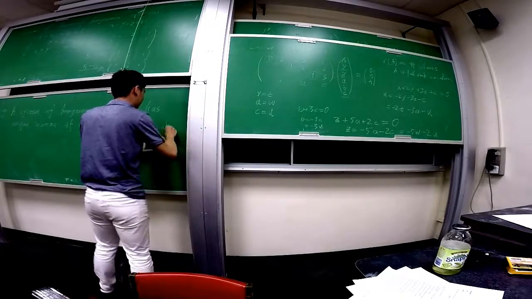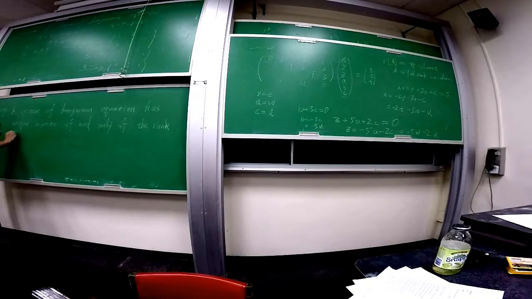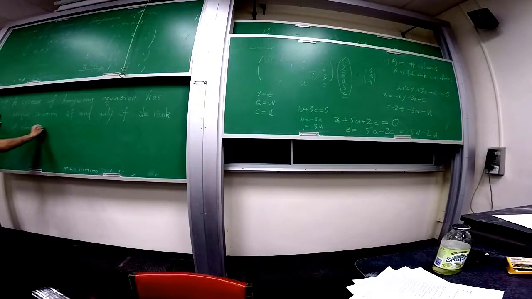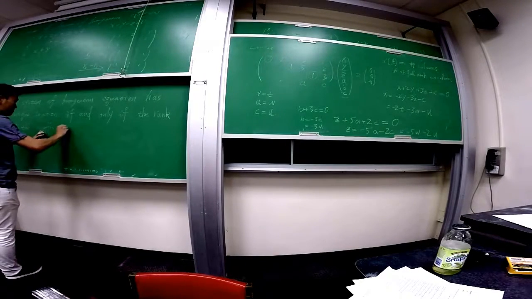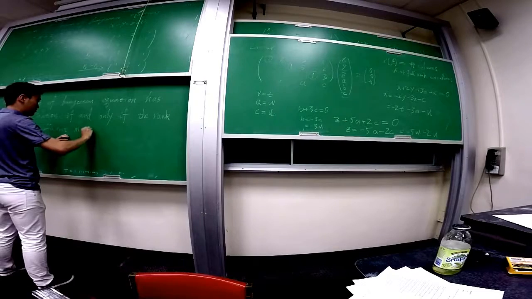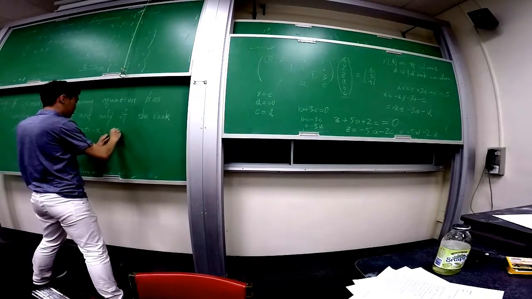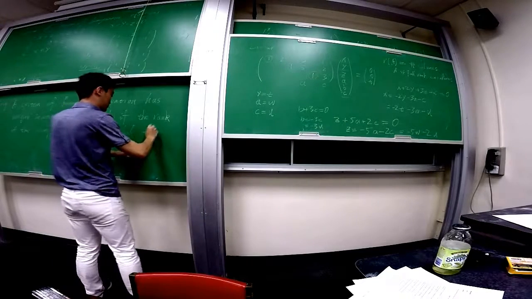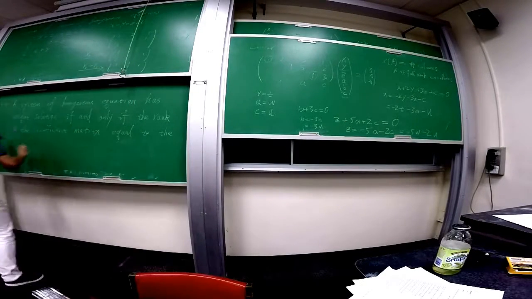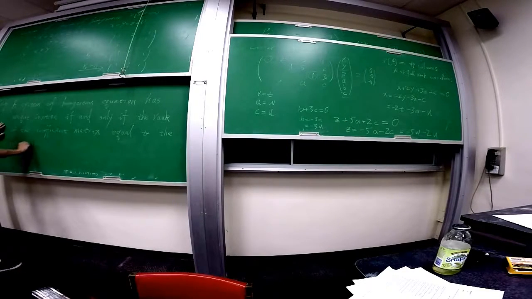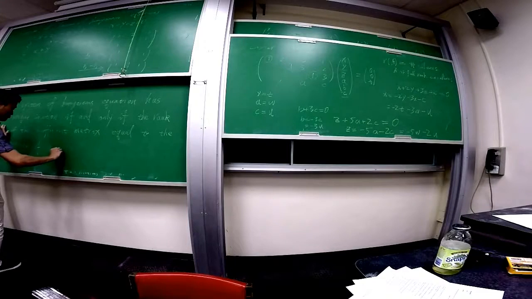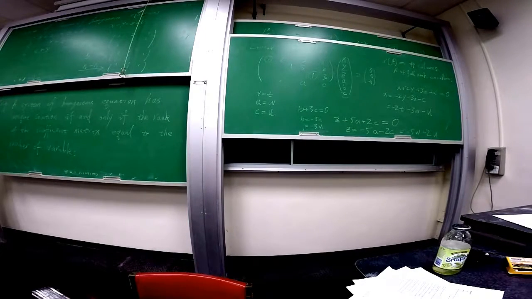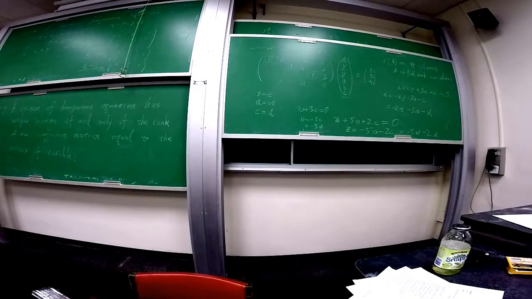Okay, so a system of homogeneous linear equations has a unique solution if and only if the rank of the coefficient matrix is equal to the number of variables.